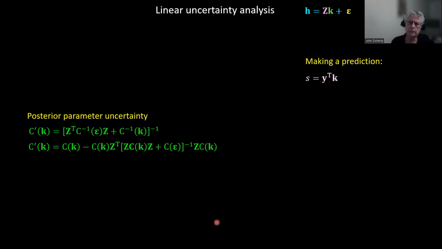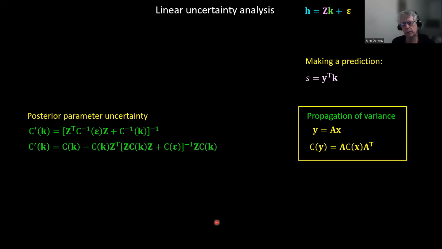Now, why am I building a model? I'm building a model to make a prediction. I'm going to call that prediction S. It's a scalar, I'm calling it S. And in a linear world, I make that prediction just by multiplying parameters by their sensitivities. That's the matrix equation, S equals YTK.